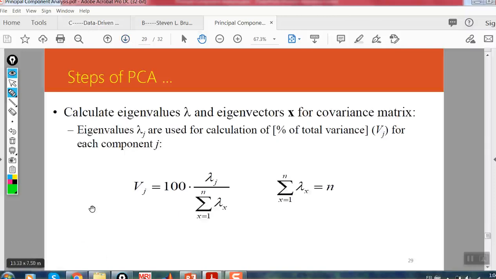Okay, and now how can we select the number of eigenvalues? We put it in this equation: 100 multiplied by lambda j divided by the summation of all the lambdas. Okay, and then for example we said that 90% is okay, 99% is okay.